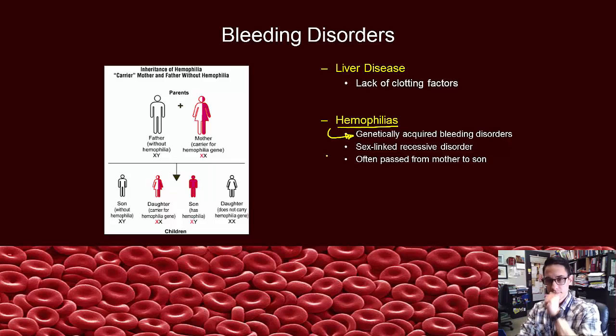Okay, the most common types of hemophilia are sex-linked, so the genes are actually found on the sex chromosomes, and they are recessive disorders.